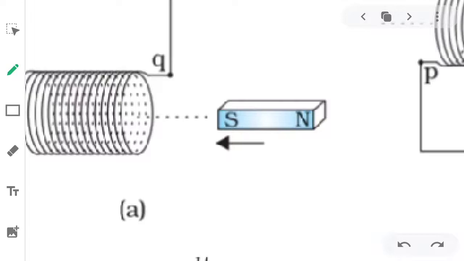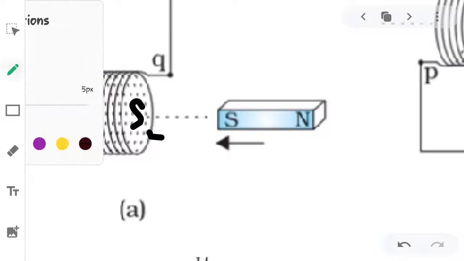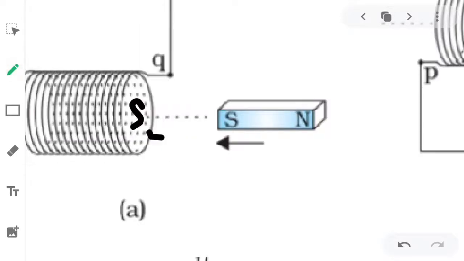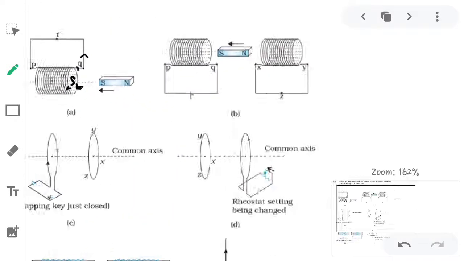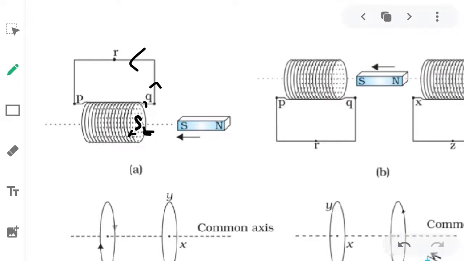Now south is coming closer, as per the previous case, similar case here, south is coming closer. This face will have the same polarity, means south. When it is south, means current is clockwise. When current is clockwise, you can see here this part. As you go in the direction of current, it will come outward here, this way, this way.